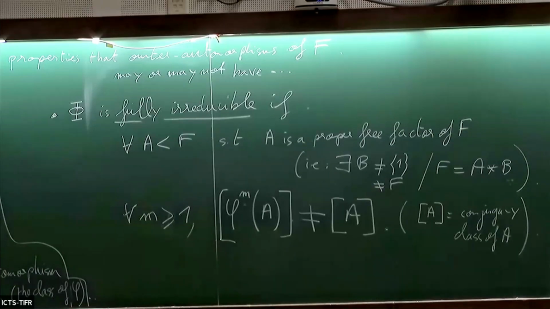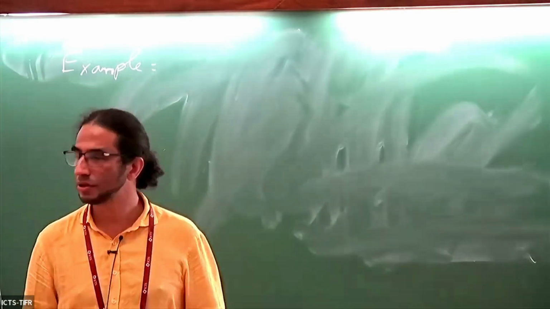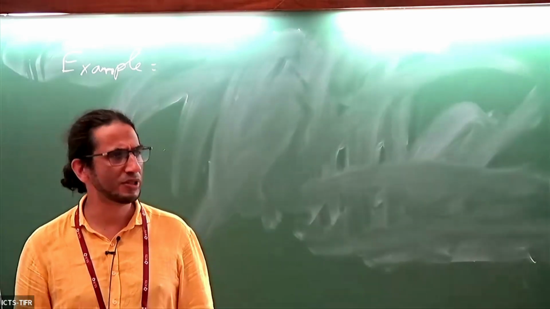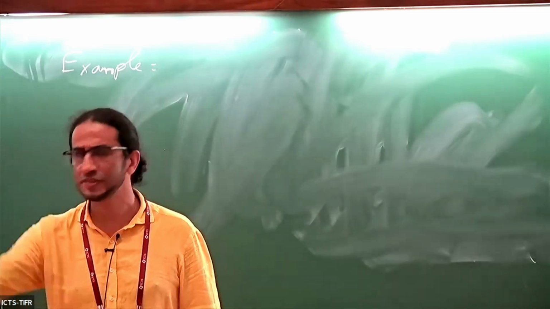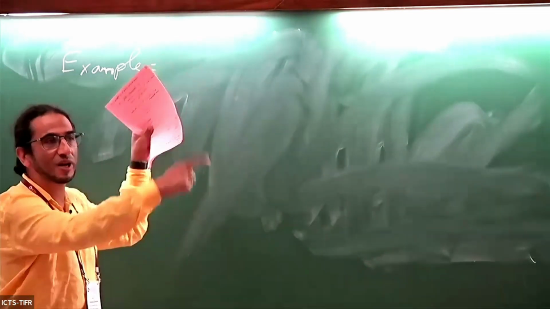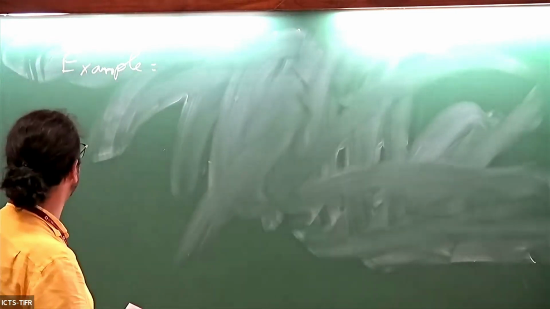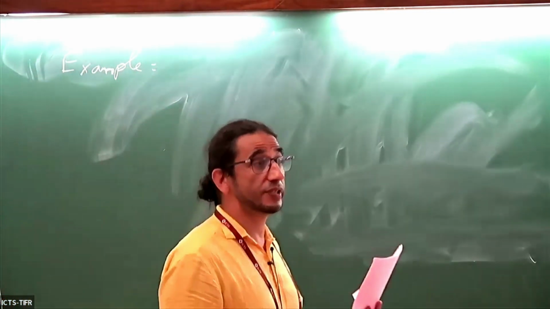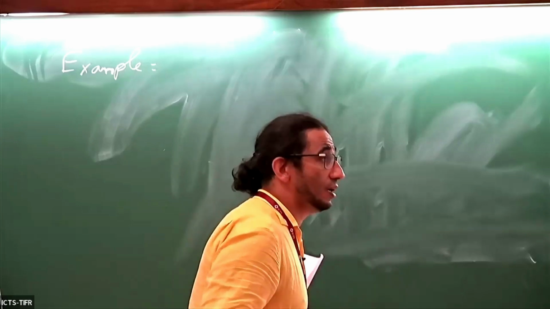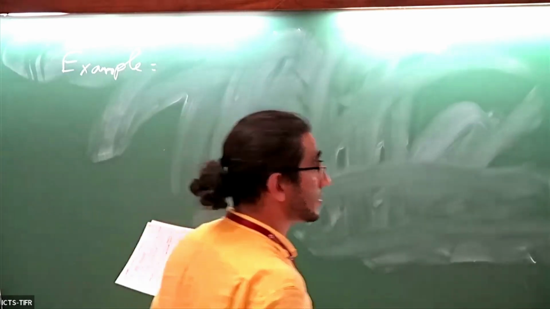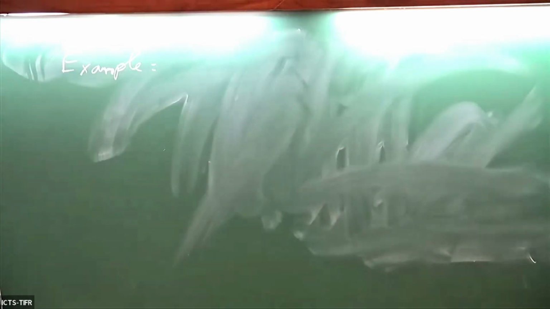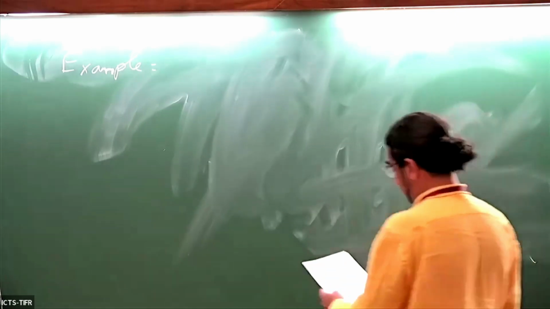It's a triangular matrix by block. So it's easy to find matrices that don't have this property on Z, and it will suffice.